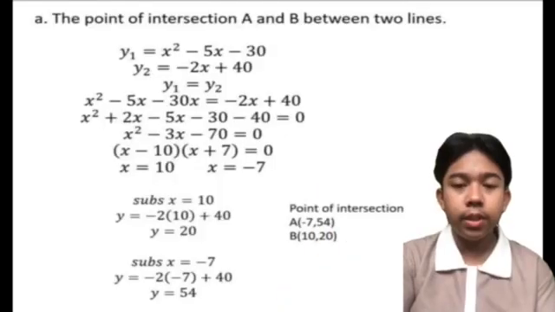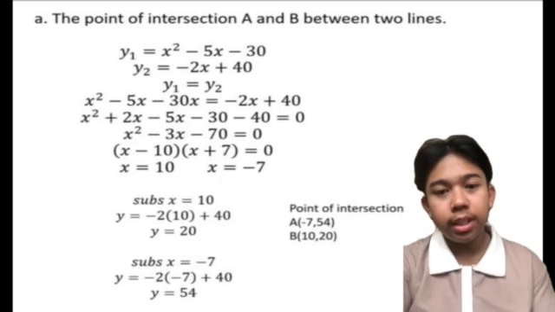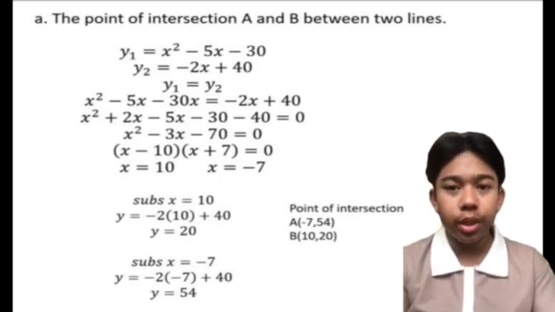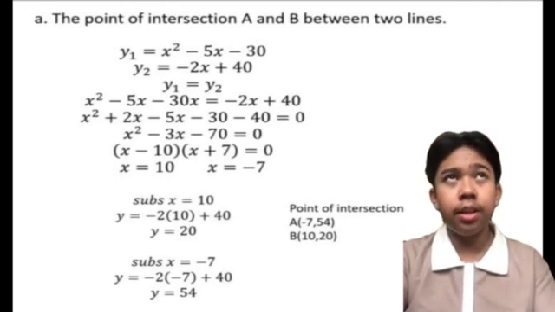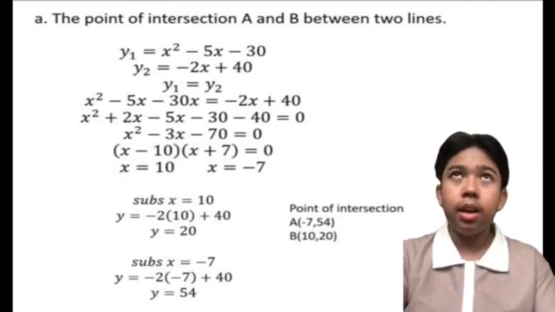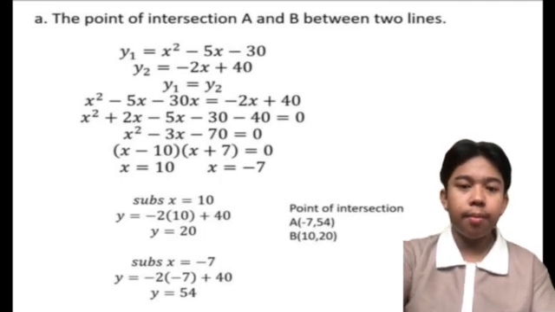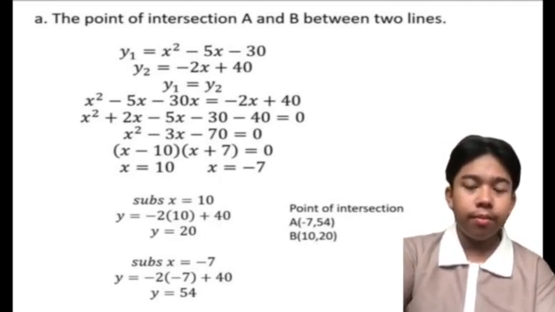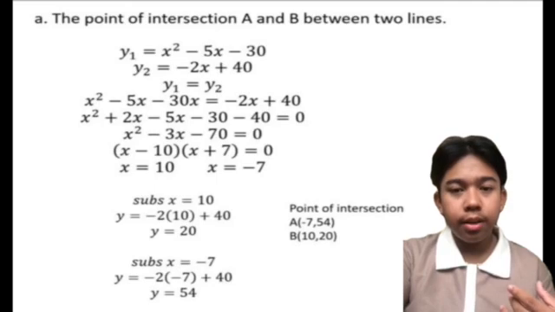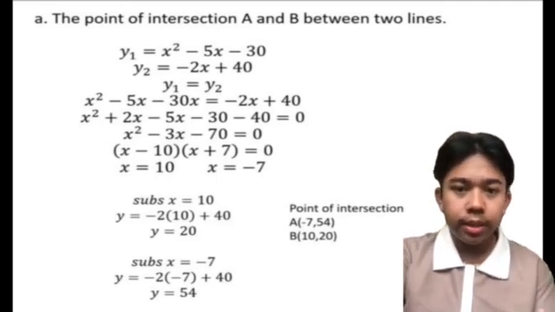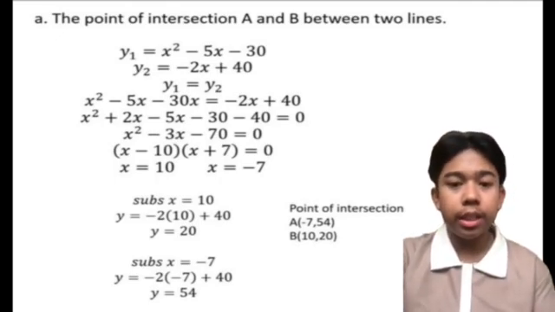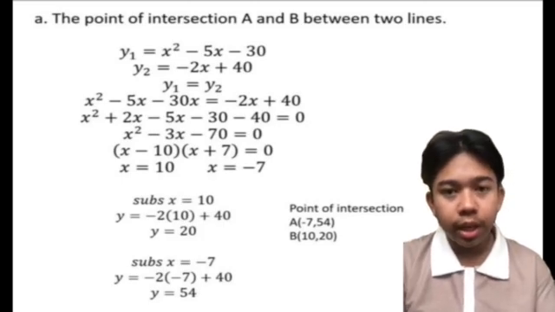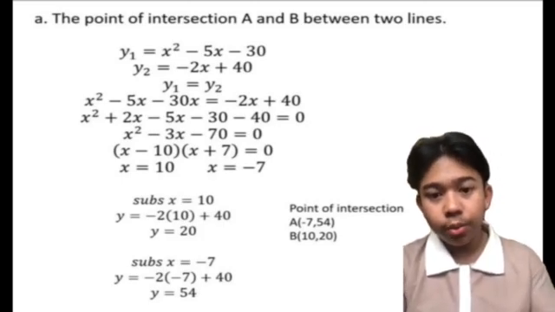For the first question, the points of intersection A and B between 2 lines, the first thing, we have the quadratic equations, and what we need to do is put y1 equals y2, balance it, and use the calculator by putting it into quadratic equations, and then we will get x1 and x2.